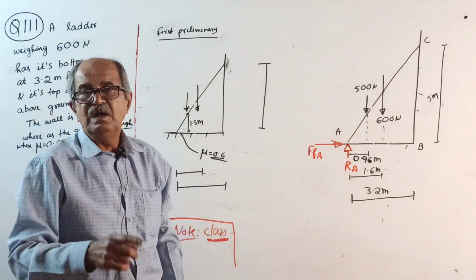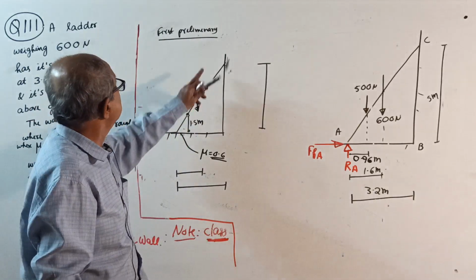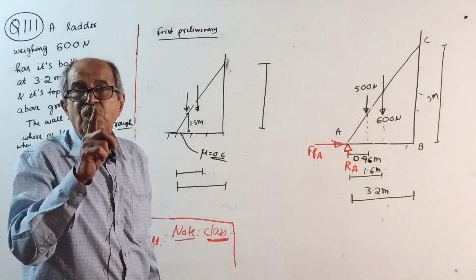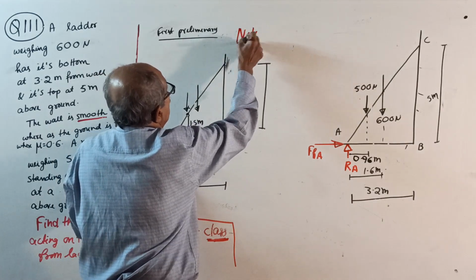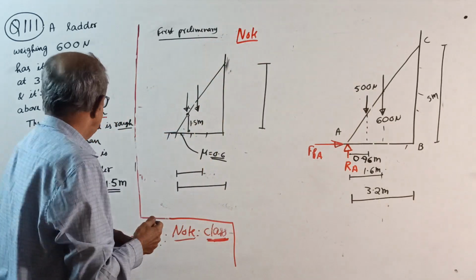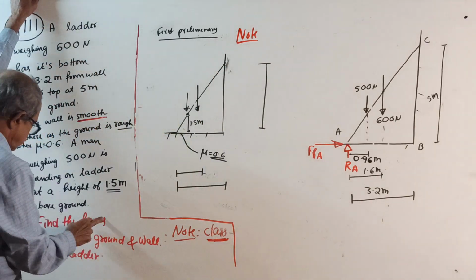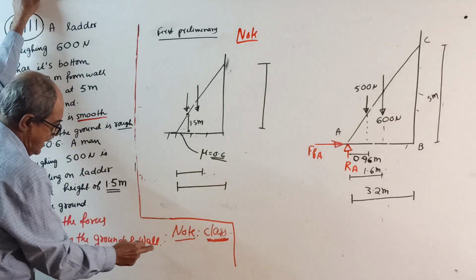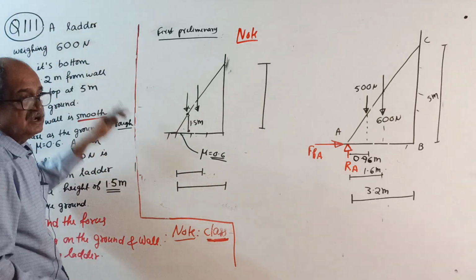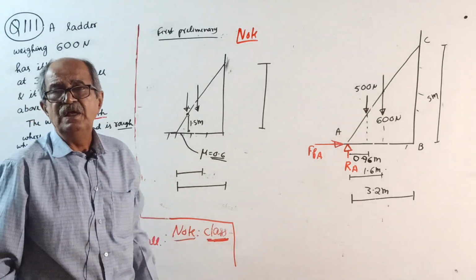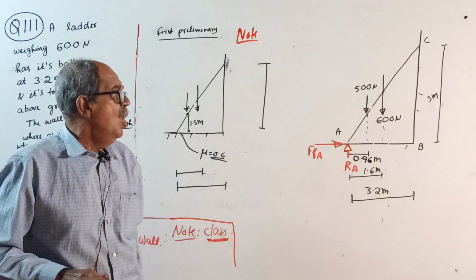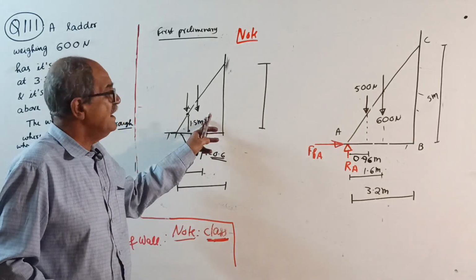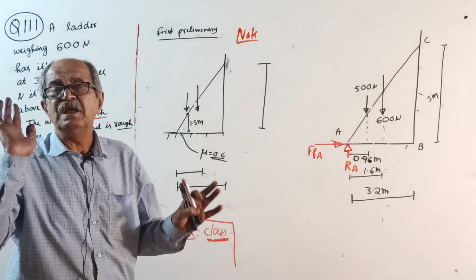Okay. Now, first the preliminary part. Before that, make a note. In this question, what they want is to find the forces acting on the ground and wall from the ladder. In the question, nowhere is it mentioned that the ladder is on the verge of moving.